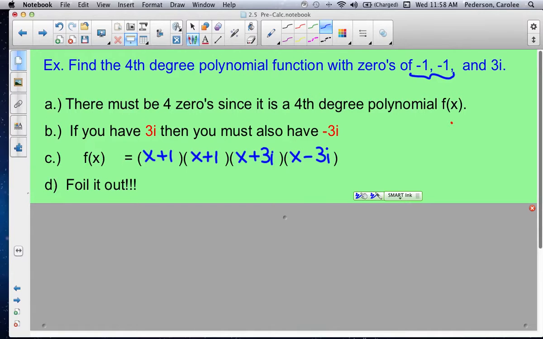So now we have it in factored form. But it asks us for a 4th degree polynomial, so we have to get it into the 4th power. We have some multiplying to do.